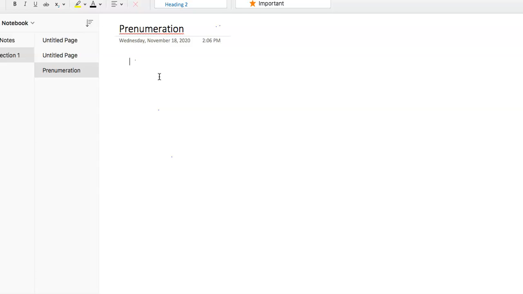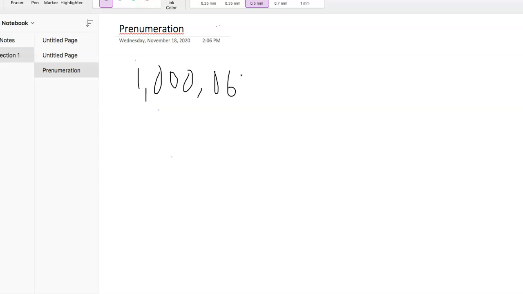All right, place value. We'll probably draw this one. 1,065,000. They ask, the 5 is in what column?